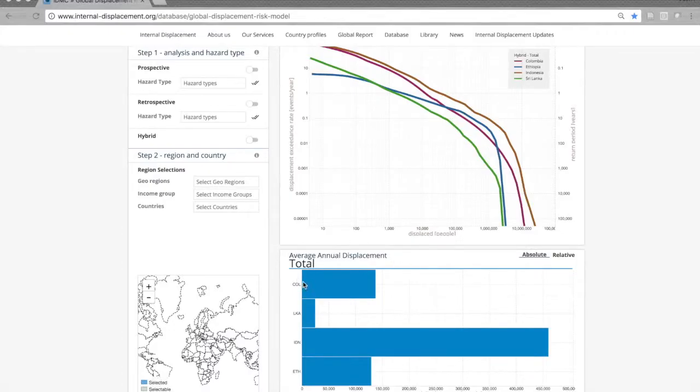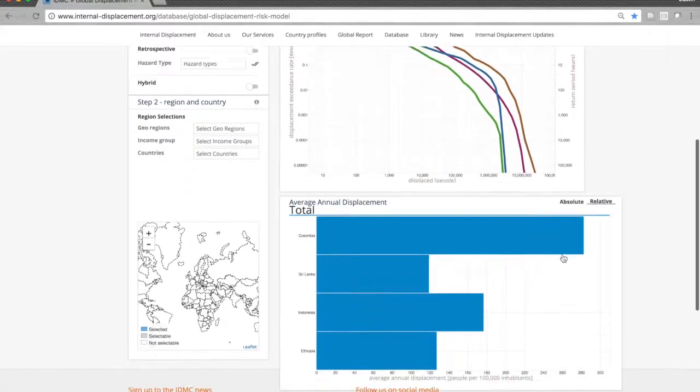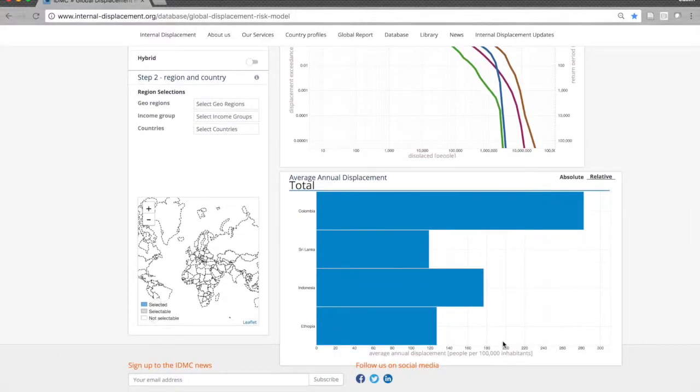Average annual displacement refers to the number of people expected to be displaced on average each year when considering all events, both big and small, that could occur over an extended time frame. We present average annual displacement estimates in absolute terms, the anticipated number of displacements per year, and relative to population size, the number of people per 100,000 inhabitants expected to be displaced each year.